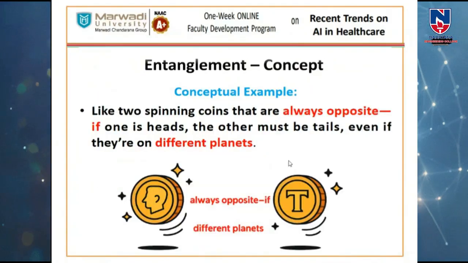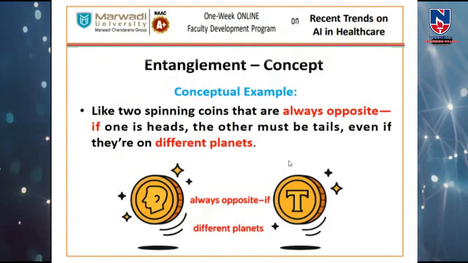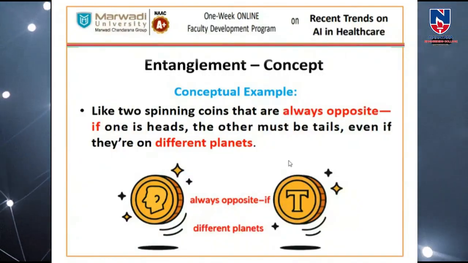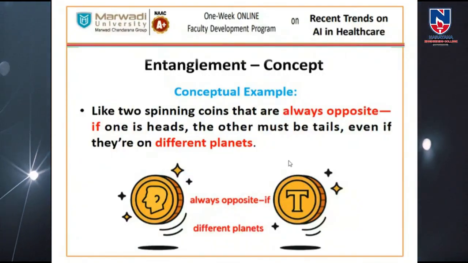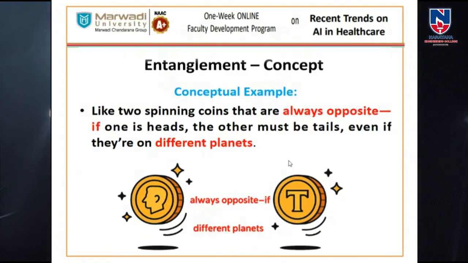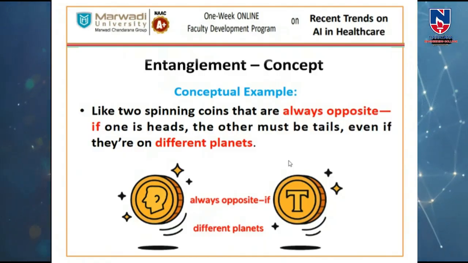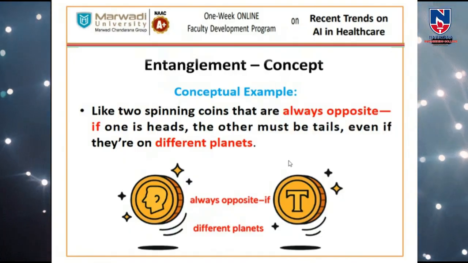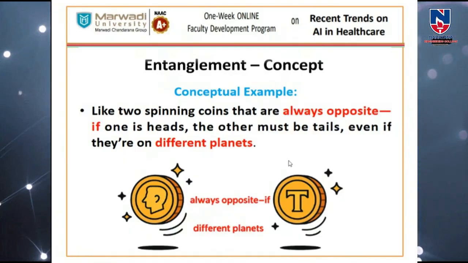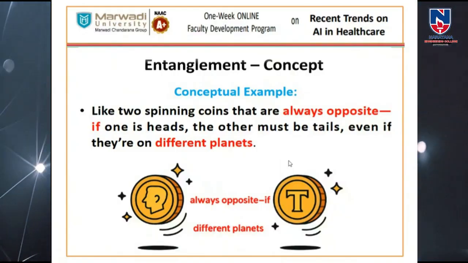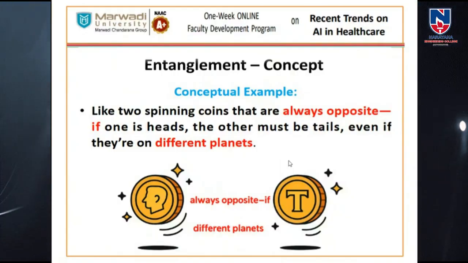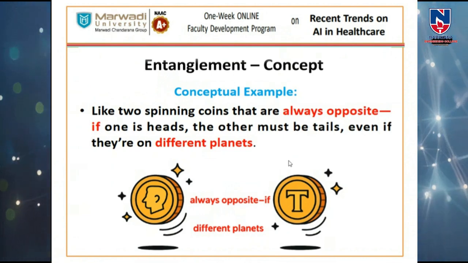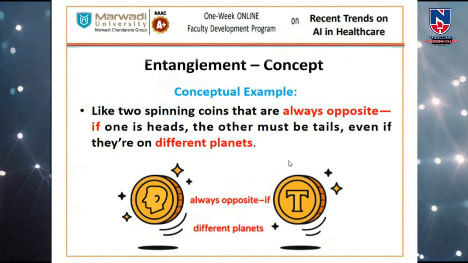I'll go with an example. See this. Let us take an example here. We are spinning two coins. The condition is that they are always opposite. I repeat, we have two coins that are always opposite. That means if one is heads, the other must be tails, even if they are on different planets.